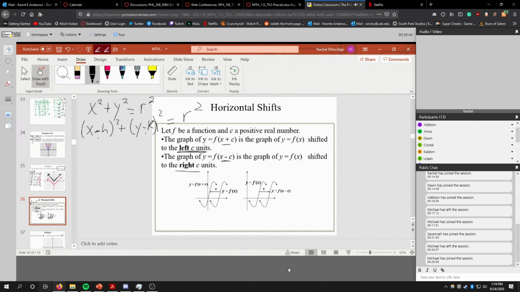But this was just an example of something we already did. All of these are going to be functions. So anytime you've got a number trapped inside with x, that function is going to shift in the opposite direction. That's going to be your horizontal shift.